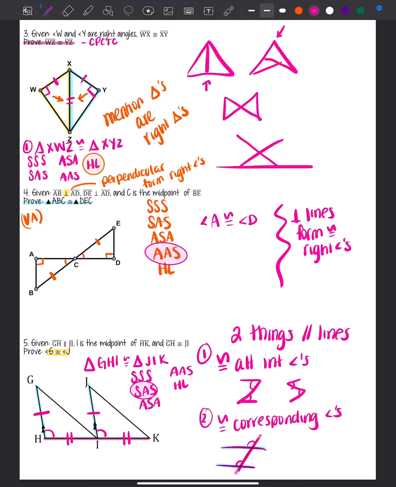And once those triangles are congruent by side angle side, I can say anything about the corresponding parts of those congruent triangles. So I'm going to end my proof with angle G is congruent to angle J because of CPCTC.